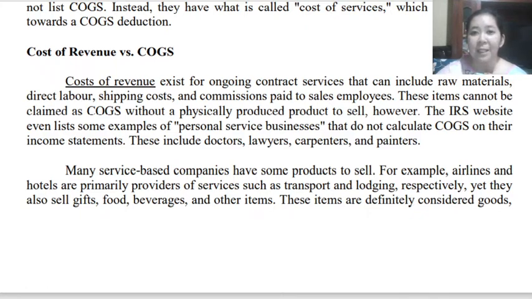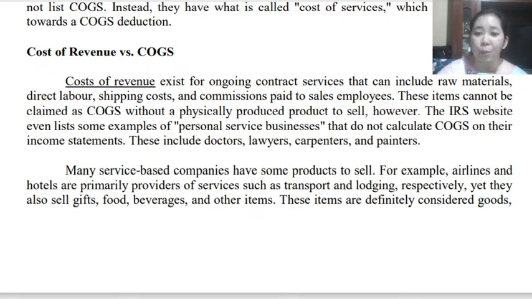This means there is still some commitment or service that an entity should perform for the customer before the product can be considered finished. So that is for cost of revenue.